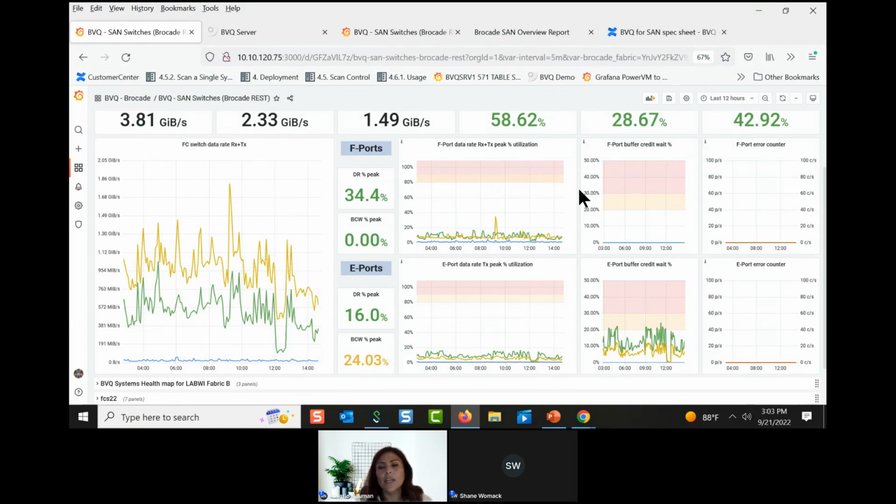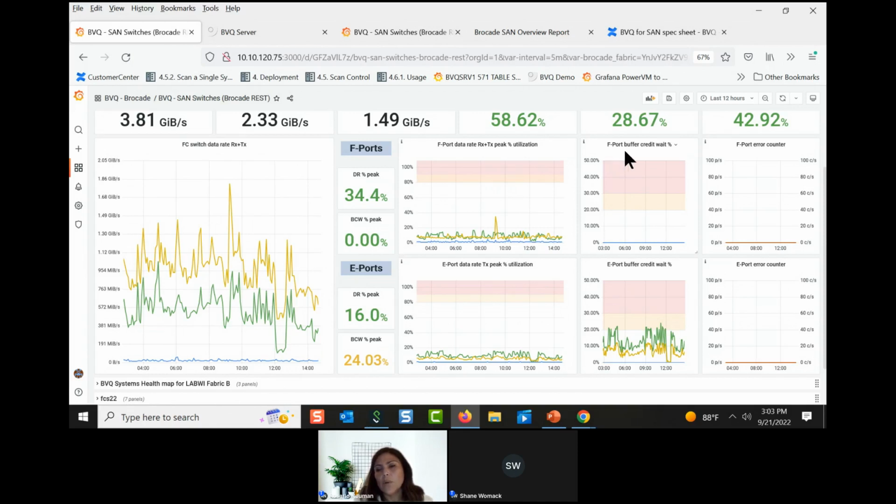As you can see here, when we talk about the slow drain device as a cause of congestion, you can easily identify that here with these metrics. When there's a slow drain device that's causing congestion on an ISL or an F port, usually it's identified via the buffer credit wait, so how long there's a wait on the buffer credits to be available.